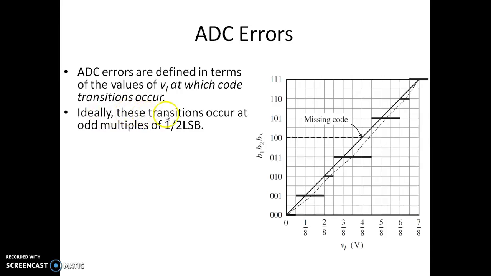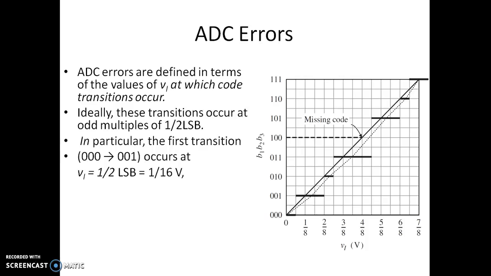Ideally, these transitions occur at odd multiples of half LSB. That's what we saw in the previous case. The output will always change at an odd half LSB, meaning 3 by 2 LSB, 5 by 2 LSB, 7 by 2 LSB. These are the odd multiples of half LSB. The output will change.